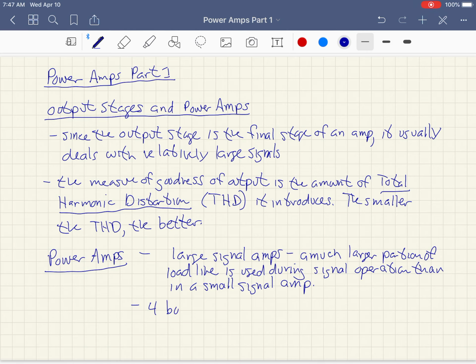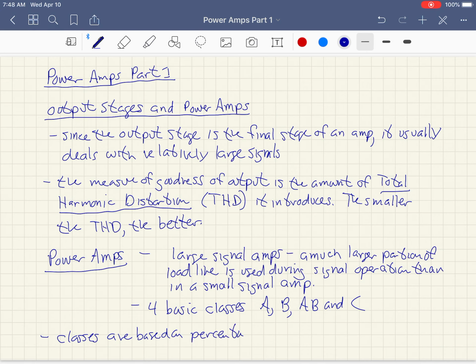4 basic classes that we'll talk about. Class A, Class B, Class AB, and we'll also talk about Class C. And these classes are based on the percentage of the input cycle for which the amp operates in its linear region.